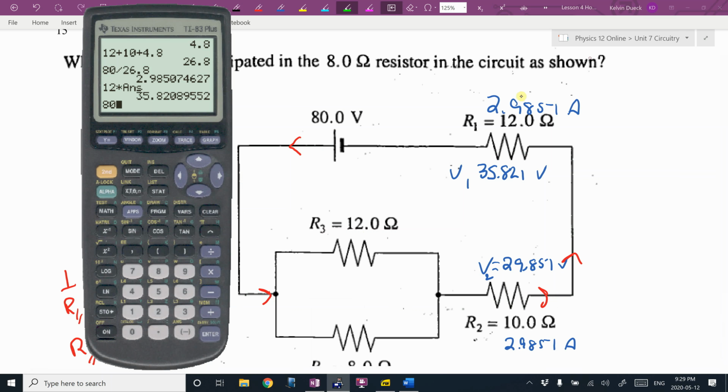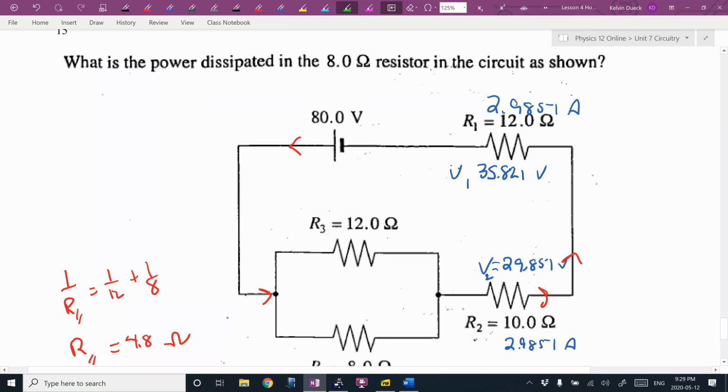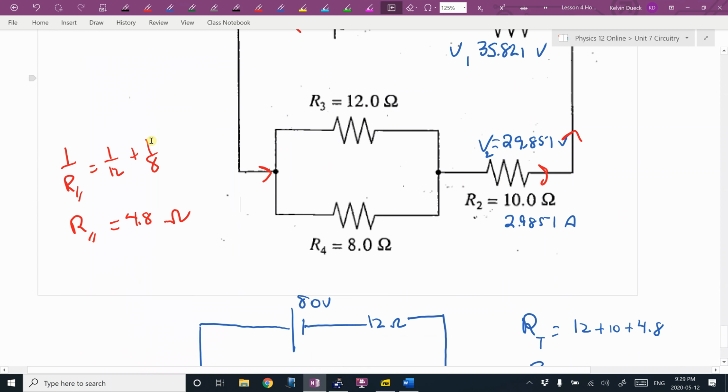Okay, I can figure out what I must lose in the 12 and the 8 ohm resistor. It's going to be 80 minus that number, minus 29.851. That leaves me with 14.3281 volts, 14.3281 volts. They want me to find the power here, so I'm done. Now I can go power.